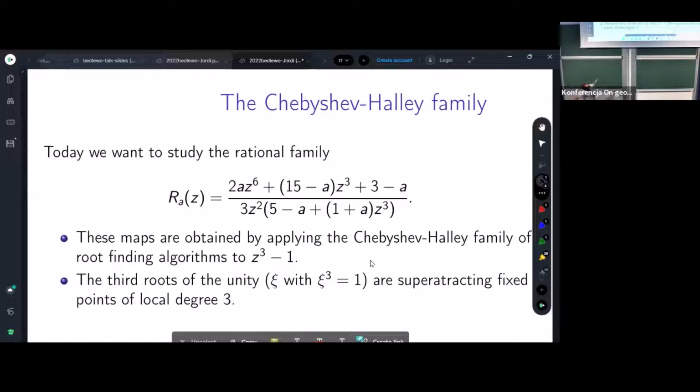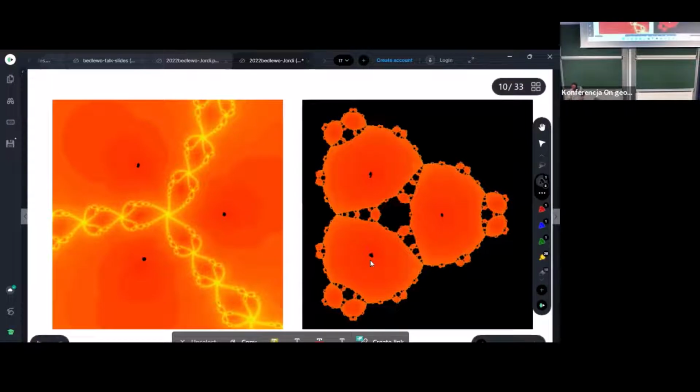So the multiplier is essentially, it's not exactly, but it's essentially of the order 1 over 2a. So this is the kind of thing where you can still make this attracting and even super attracting in some degenerate cases.